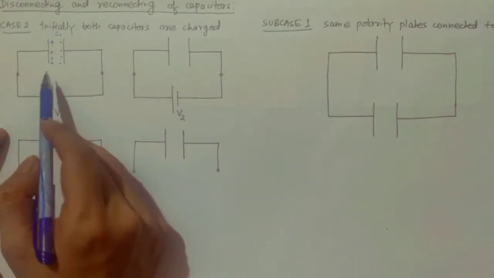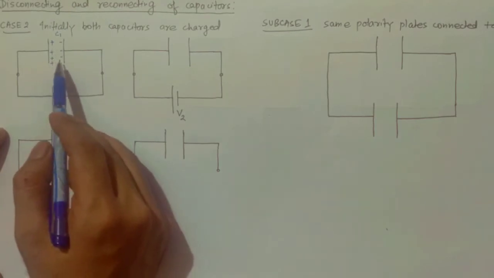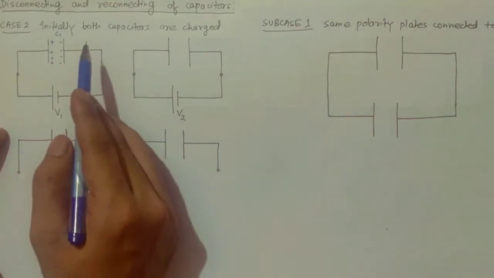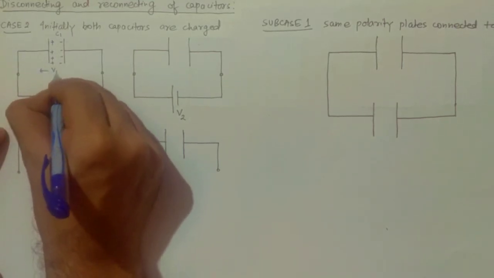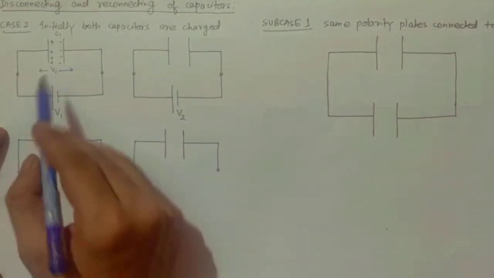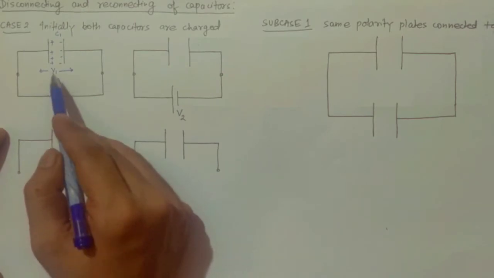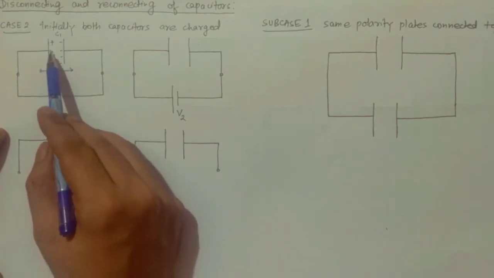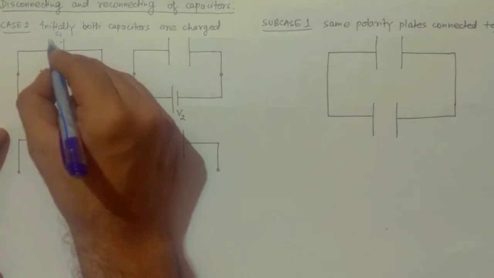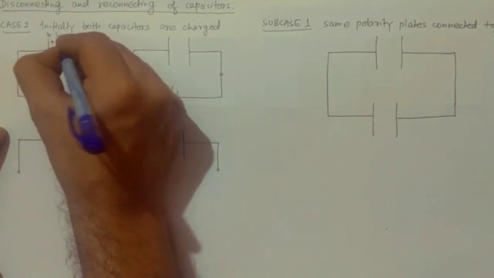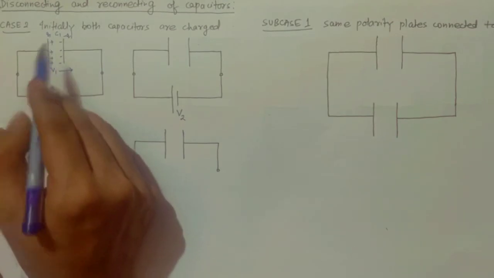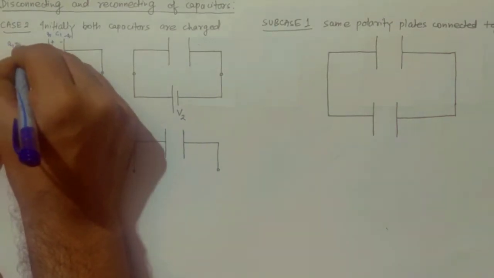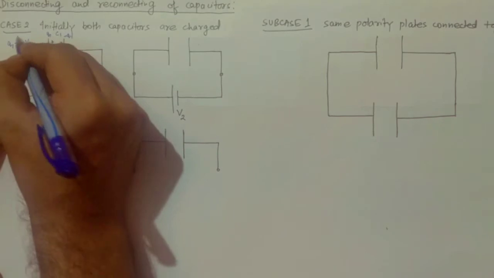The potential difference across the capacitor in the final situation, that is when steady state is reached, will be V1. That is the potential or voltage of the battery. Now, suppose this charge is Q1 and this charge is minus Q1. Then Q1 will be equal to C1 into V1.